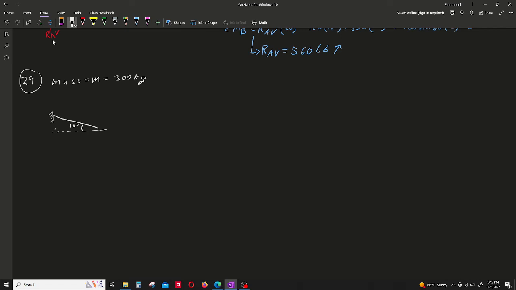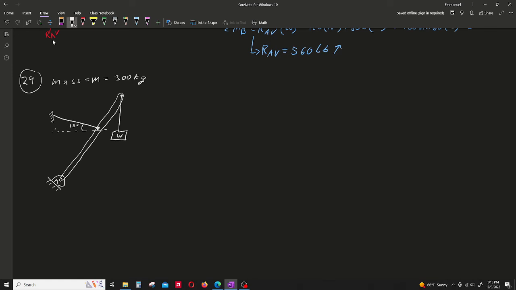And so this would be our object here, like so. This would be our weight coming down like so. And then this would be our A here.